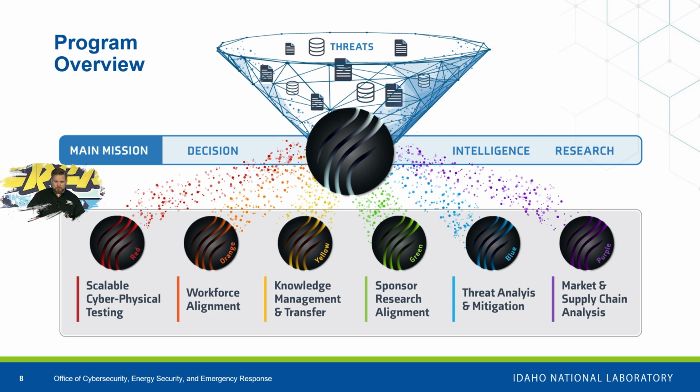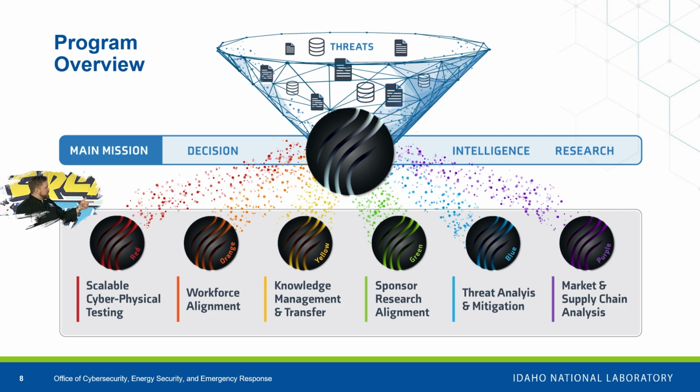The program that I'm representing, our main mission is decision intelligence research. This is preparing a large corpus of data, information, and knowledge, and preparing it so that it's easily retrievable. The big thing I want you to take away from here, there's a lot going on, but the biggest thing is that these color-coded orbs are really representing areas of research that are supplying the data, the knowledge, and the information.